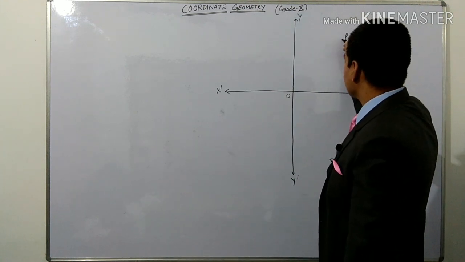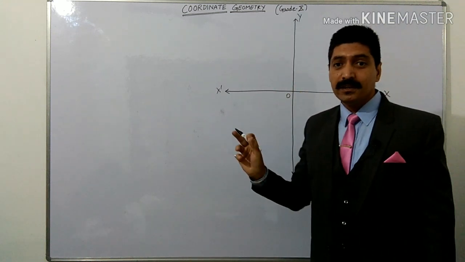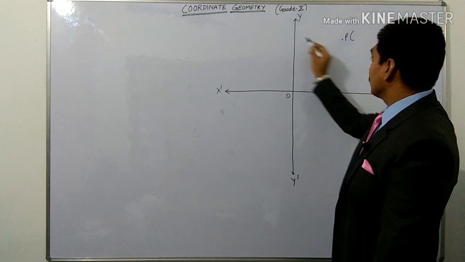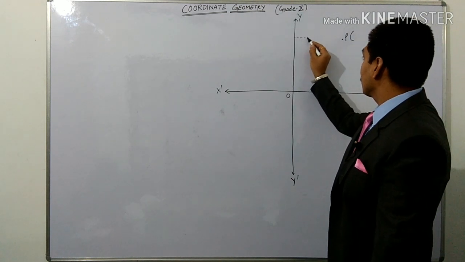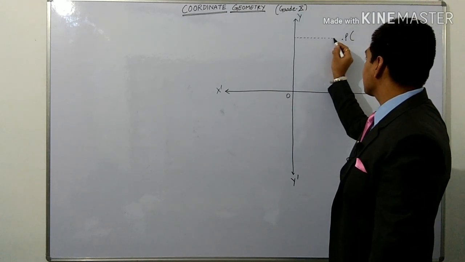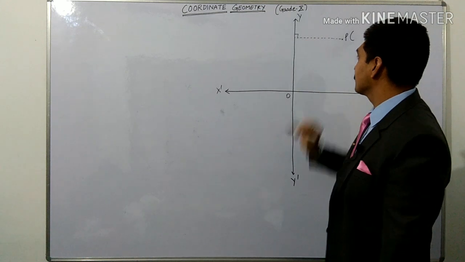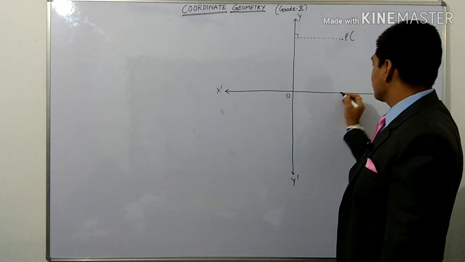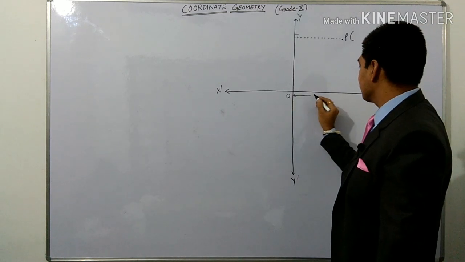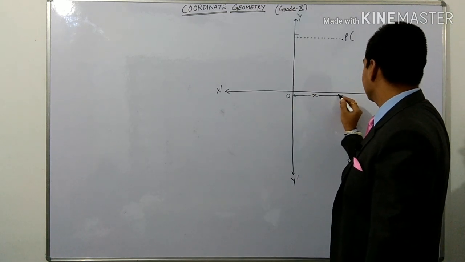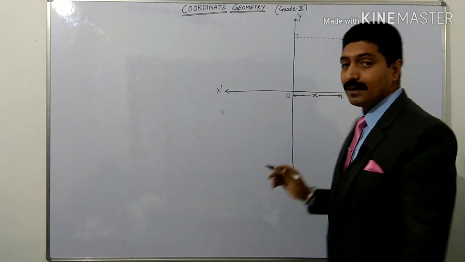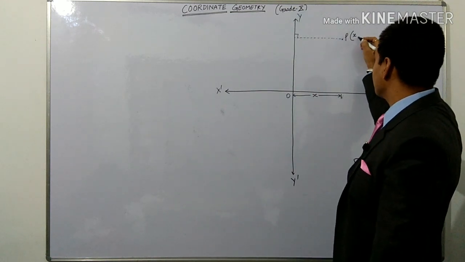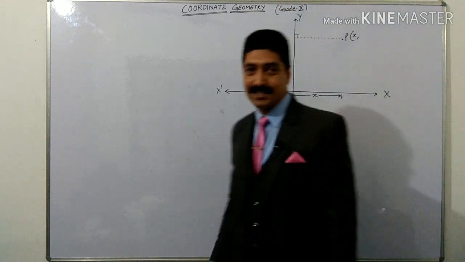So what is the distance of this point P from y-axis? The distance from y-axis is always a perpendicular distance. That is, this distance, we know that this is the same distance which we are saying x, and this distance is called abscissa, and we are denoting the position, or you can say the coordinates, as x.